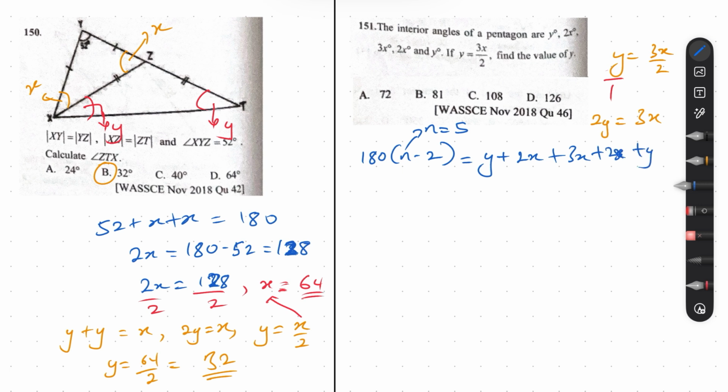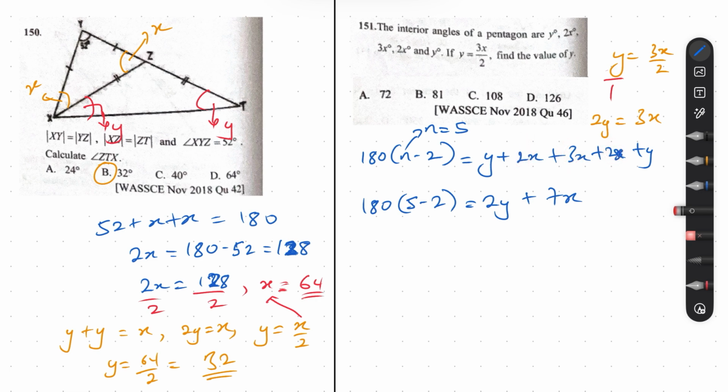So when we sum this, we have 180 times 5 minus 2 equals 2y plus 7x, because 2 plus 3 plus 2 gives us 7.